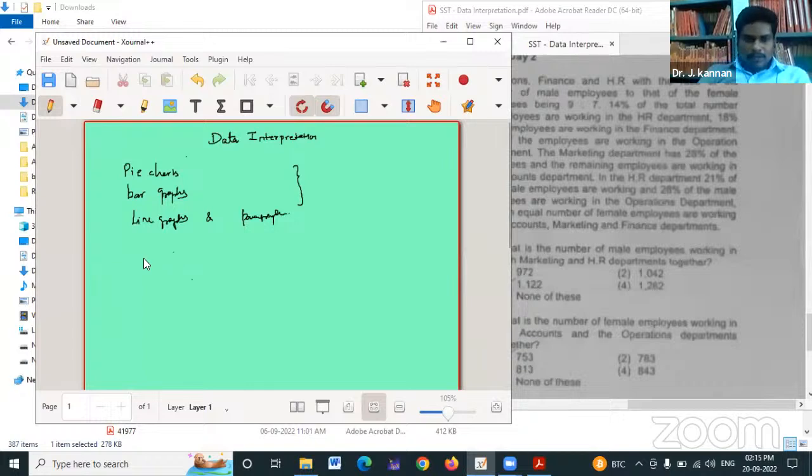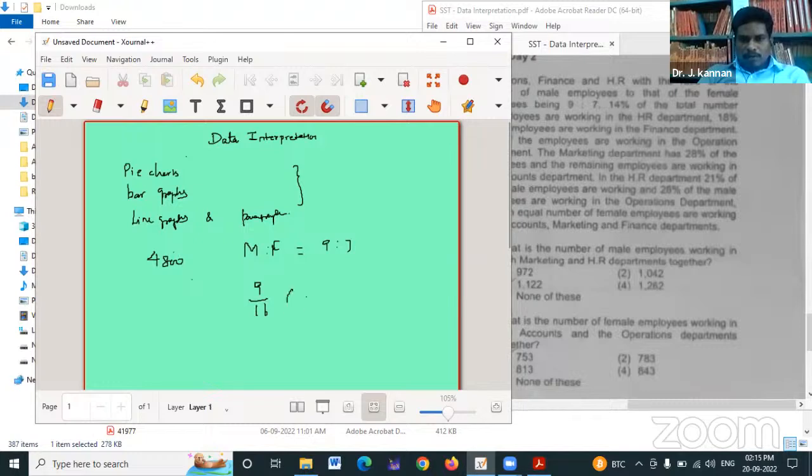Actually, the total number of employees is 4,800. The male and female employees are in the ratio 9:7. Therefore, how do we find the total male employees? The total ratio is 16, and male employees are 9 parts.